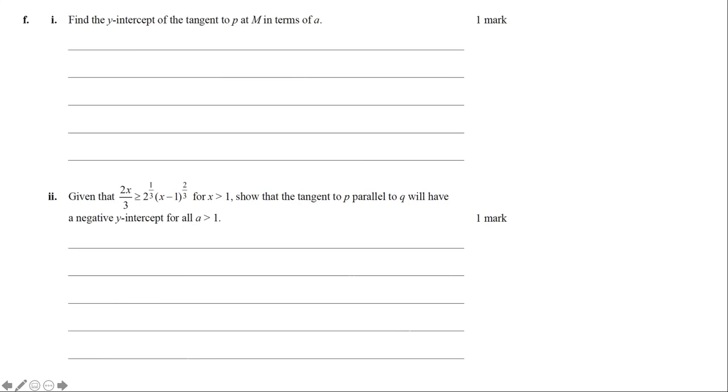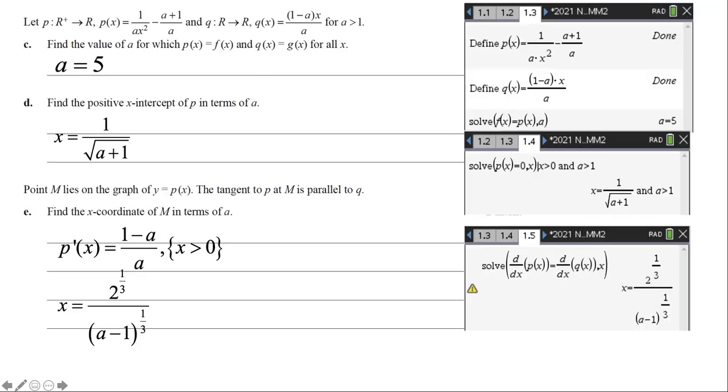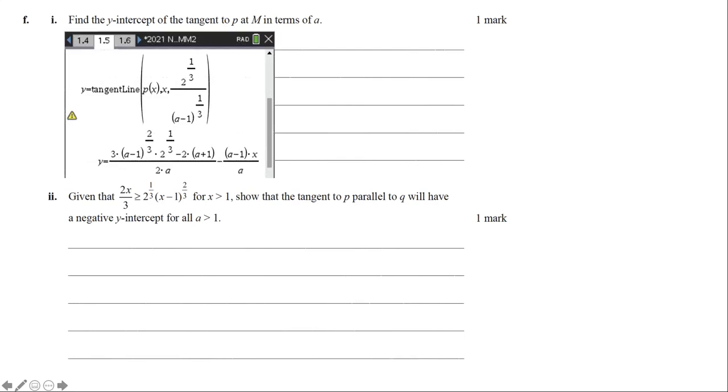Then you want to find the y-intercept of a tangent to P at M in terms of a. Notice that you just find this x value here. So you want to find a tangent line to this one at this x value. On my CAS calculator, I press menu 49 to get a tangent line command. And here is the full equation for the tangent line.